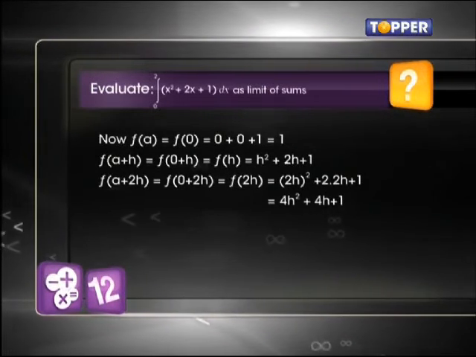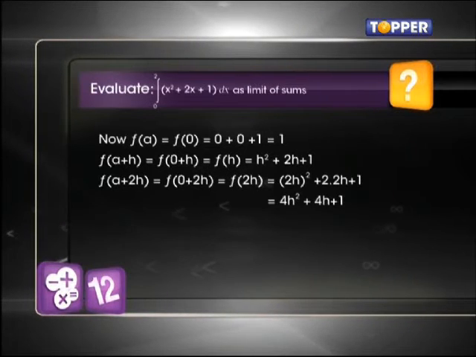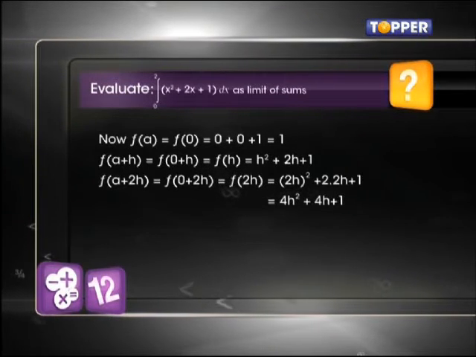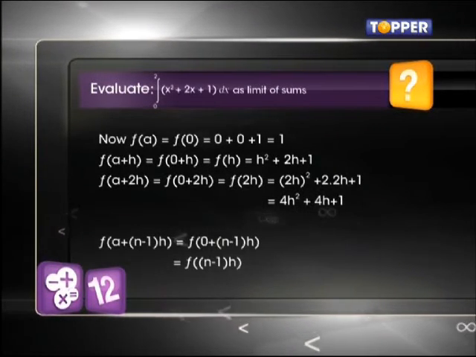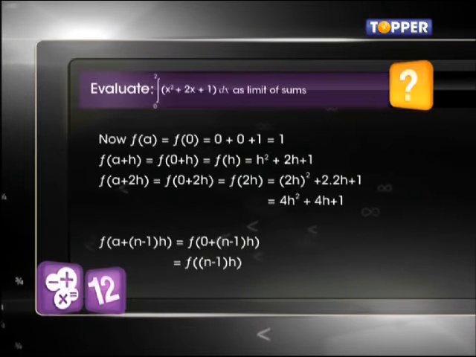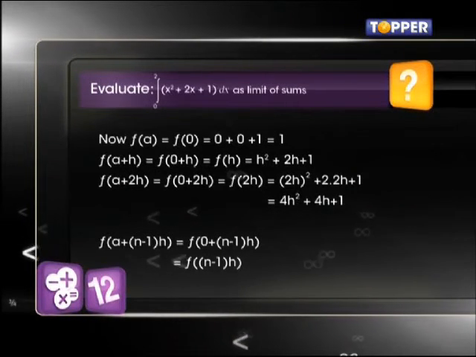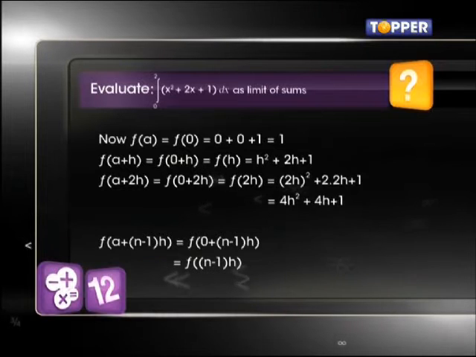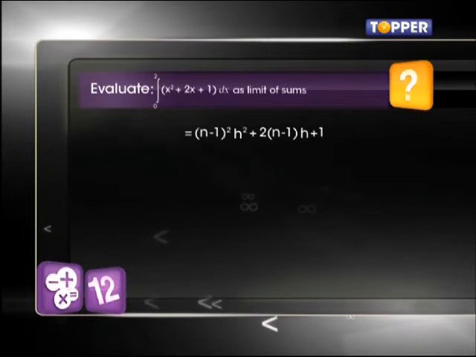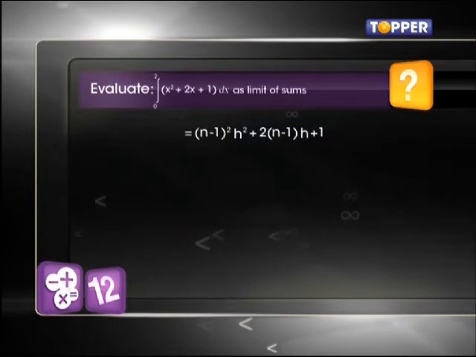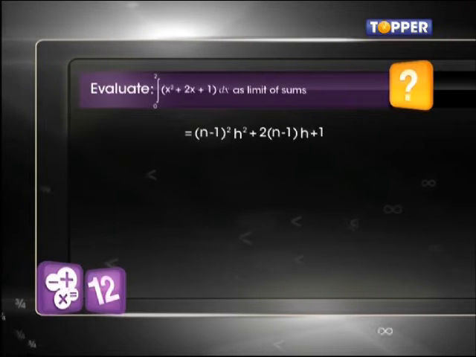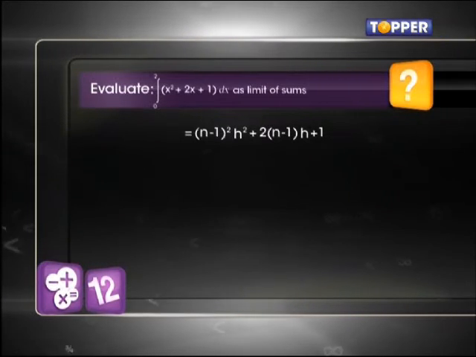Moving on the same lines, we get f(a + (n minus 1)h) is equal to f(0 + (n minus 1)h) is equal to (n minus 1) whole square h square plus 2 times (n minus 1)h plus 1.